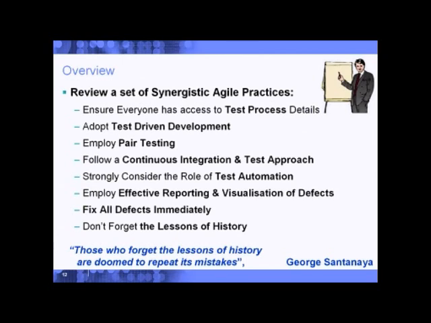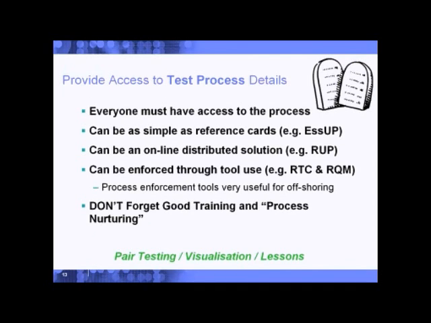Okay, let's kick off and look at each of those individually. So this is all about providing access to test process details. We could have the most brilliant method in the world, the most fantastic testing best practice that's ever been seen, but if we don't give the stakeholders on our projects access to the information about the process, then we've completely wasted our time and effort in putting it together and documenting it.